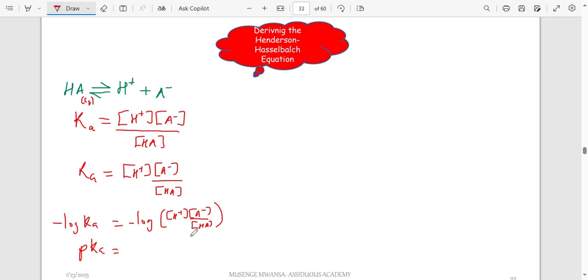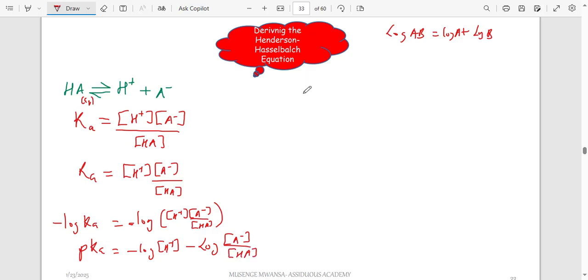For the right side, we are going to split it. From the rules of logarithms, when you have log of AB, this is actually log of A plus log of B. Because there's a minus in front, it's going to be negative log of H, and then minus log of A minus divided by HA.